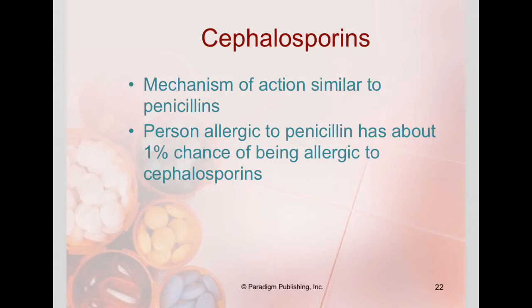The third generation cephalosporins are used in more severe infections. They have a really long half-life, so they're used in patients, usually children, that need to take doses like before and after school, so they aren't having to take it during the day.